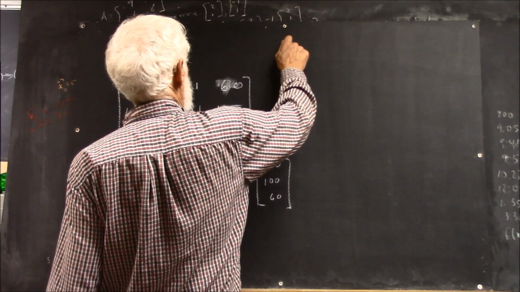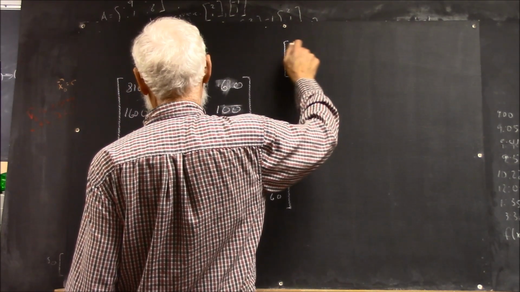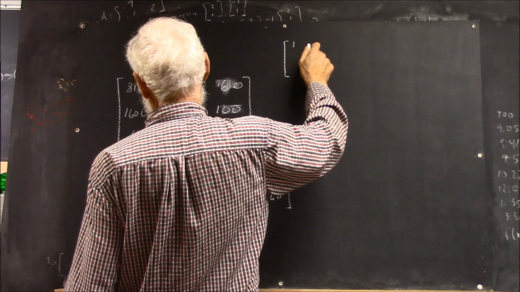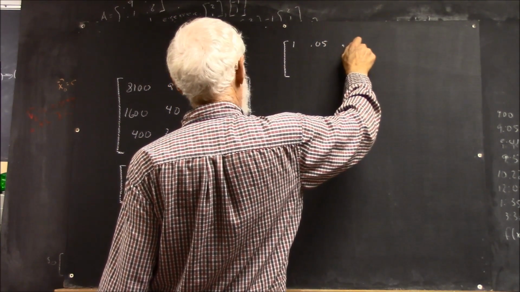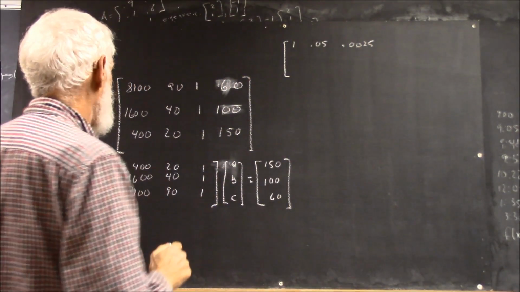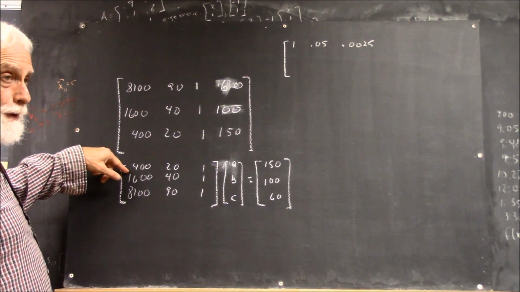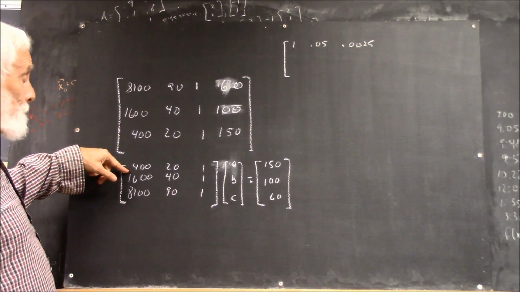So we reduce this matrix, and I'm going to say, okay, this is going to be 0.05 and 0.0025. And I'm not writing down exactly what I did. It should be implicit. I divided the first row by 400, right? Okay?